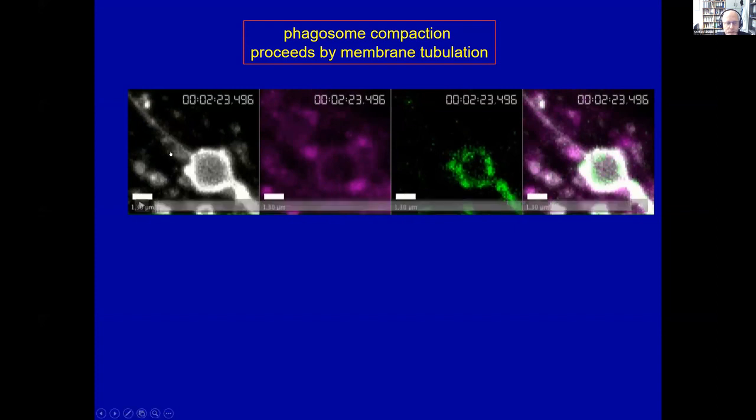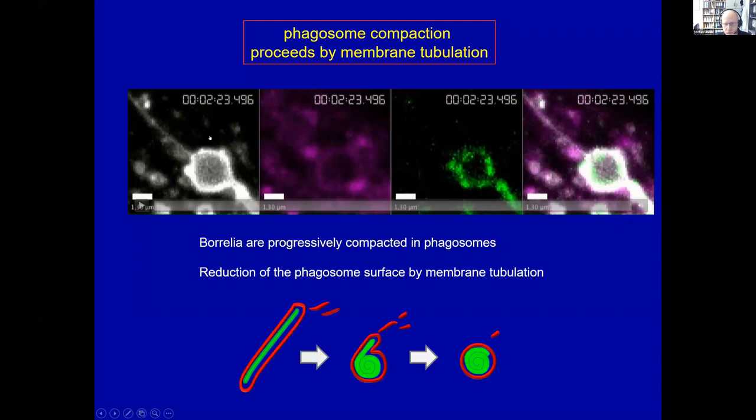And the site of this membrane extrusion event is always where you have a contact between RAB5A positive vesicles and the RAB22A positive coat. And what we think happens is that these vesicles give the starting signal for these membrane extrusion events. So no contact with RAB5A vesicles, no membrane extrusion, no compaction. This is the hypothesis that we've been working on.